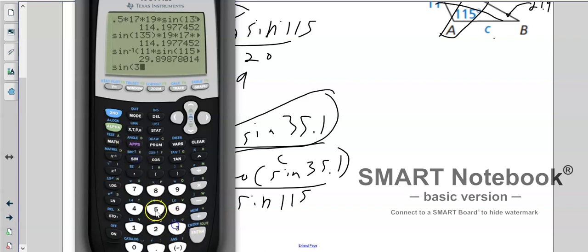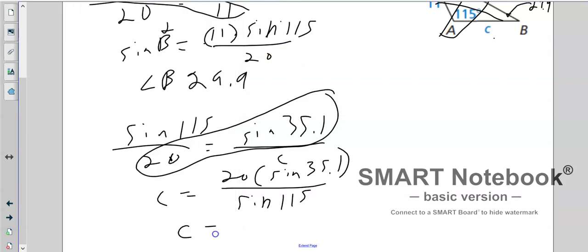Sine of 35.1, close parentheses, times 20, divided by sine of 115. If I round to the nearest tenth, the 8 tells the 6 to round up. So C is 12.7.